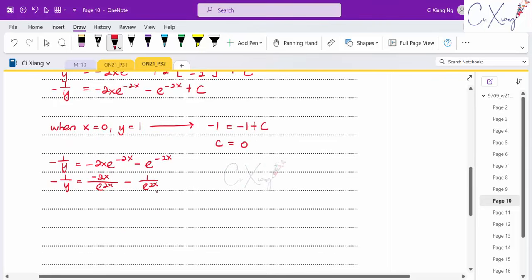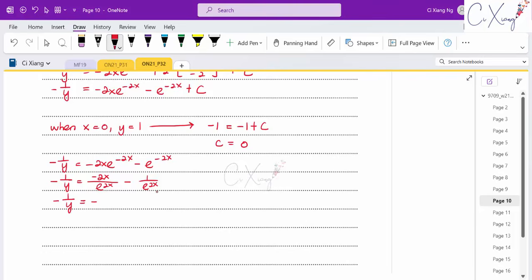Okay, I want to factorize out the negative. Then the fractions, I can combine them together. Okay, so the negative and negative can be cancelled off, right? Then I want to get the value of y.